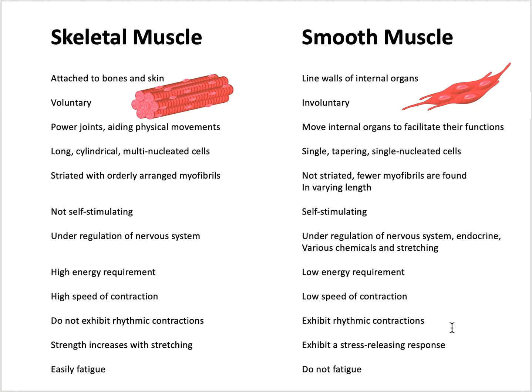You'll see this especially in the gut and the intestines, where you have the nice peristaltic waves. I will hit on the last part, stress relaxation, in one of my last slides. And skeletal muscles easily fatigue, whereas smooth muscles do not easily fatigue and can maintain prolonged contractions for quite a long time. They're capable of that.